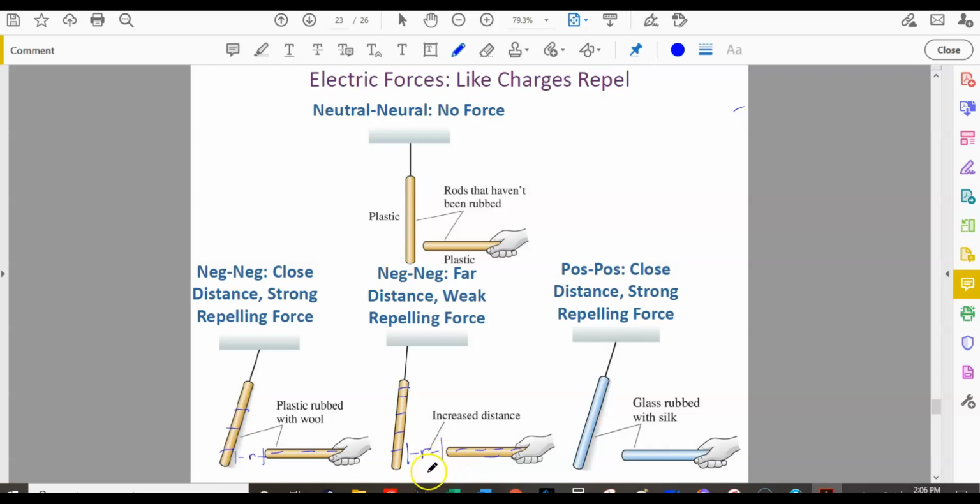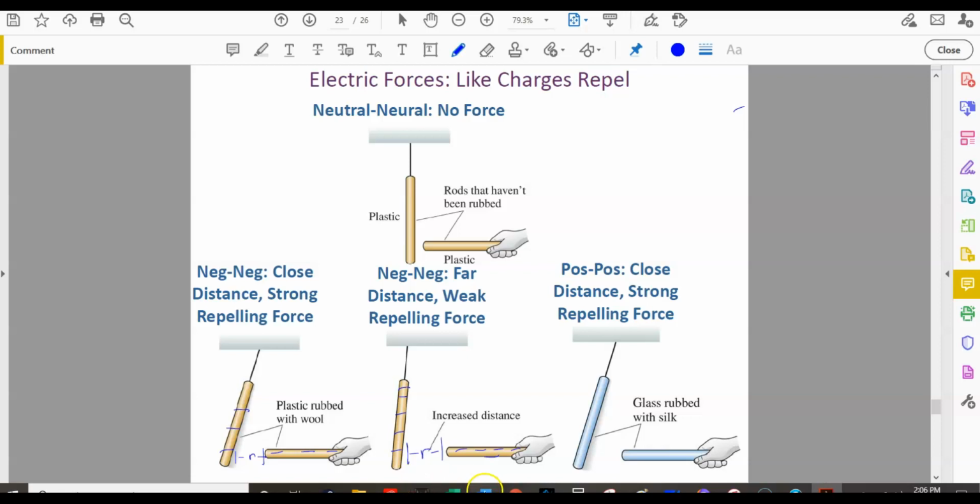So the more electrons on it, the more of a repulsive force. So distance is important, but also the number of charges.